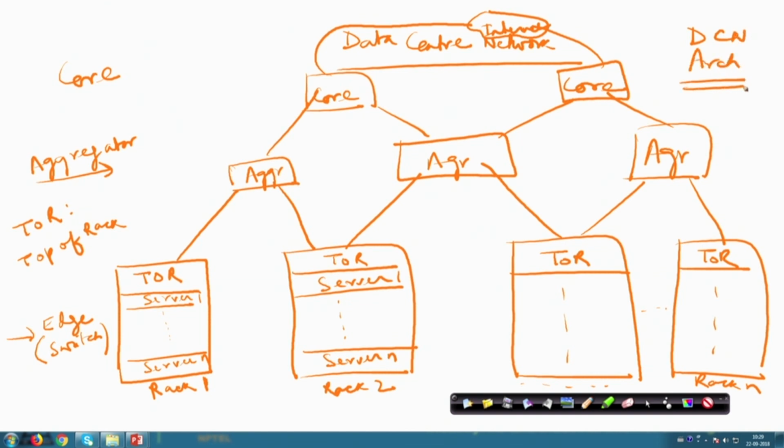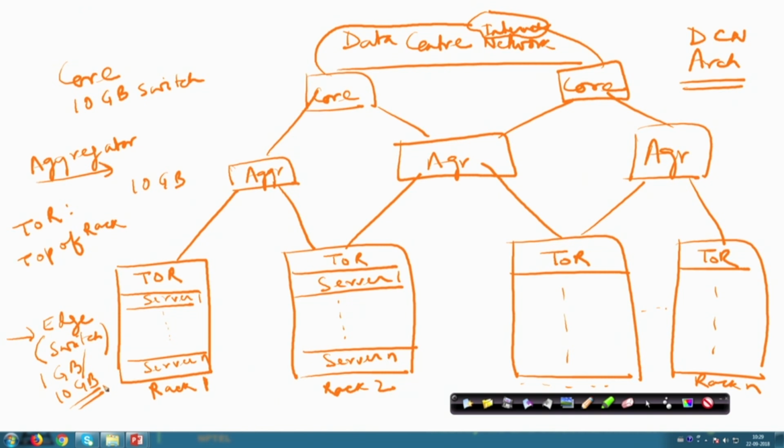Core will basically be something like 10 gigabit switches. At the aggregator level also you can have something like 10 GB switches, whereas at the edge you may have lesser, like 1 GB, or it can even be 10 GB, depending on the resources that are available and the particular requirements of the client.